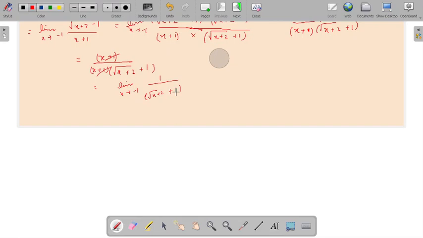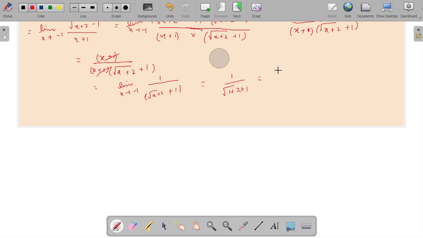Now when you find the limit of this function, you will see that we do not have the 0 by 0 form. Let's apply the limit laws here. I get 1 over under root 1 plus 2 plus 1, which is equals to, how much is it?